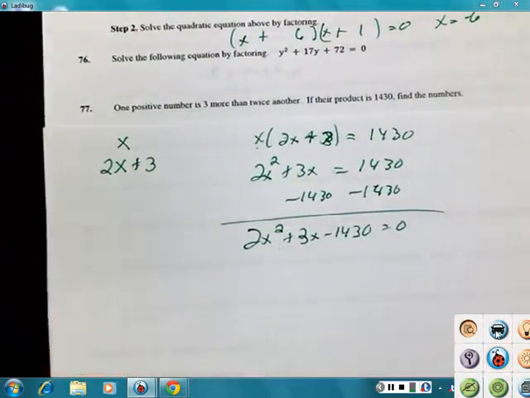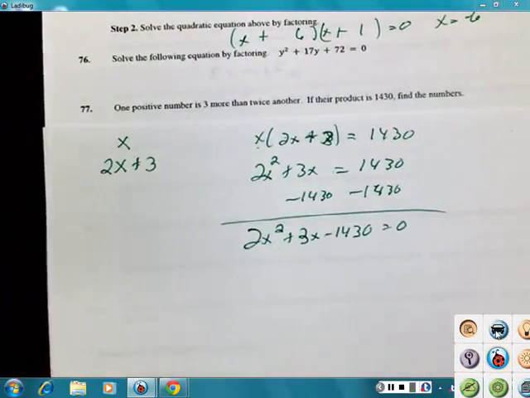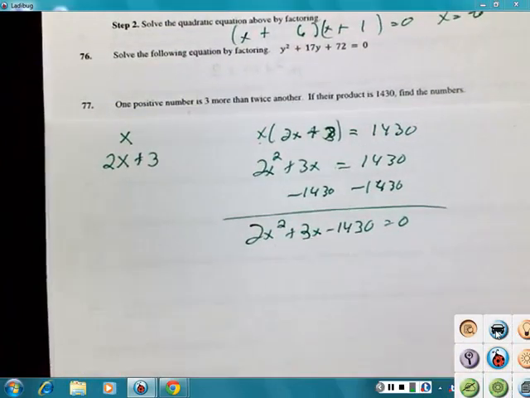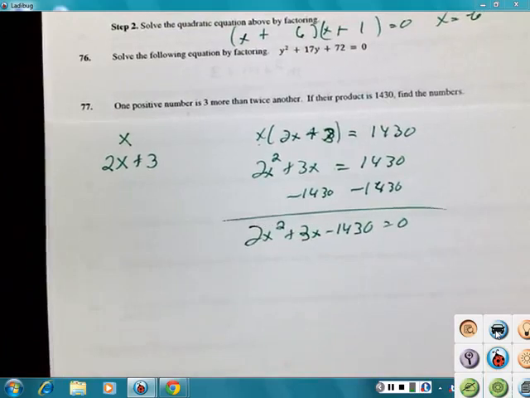And so now we gotta see if I can't factor 2 out because I can't take it out of 3. So now I need to take 1430 and see if I can come up with a positive 3 in the middle. So I need something big to go in here. So we're going to divide it by 40. See what happens. No, that doesn't go in there evenly. Divide it by 38.